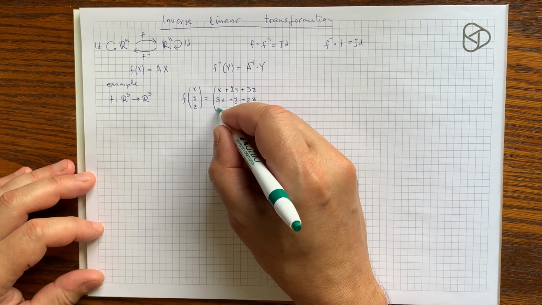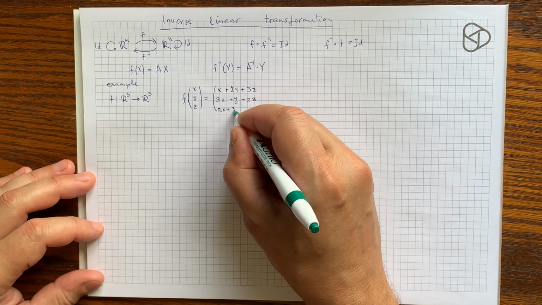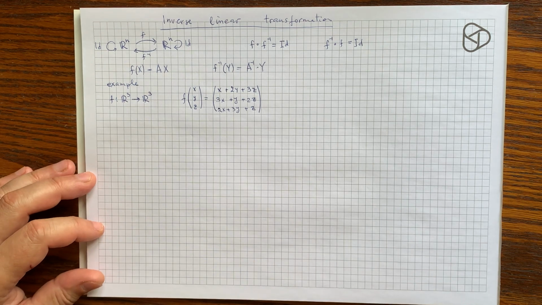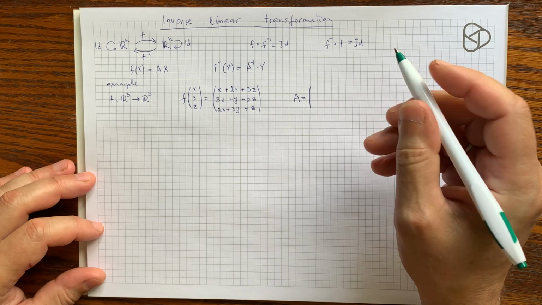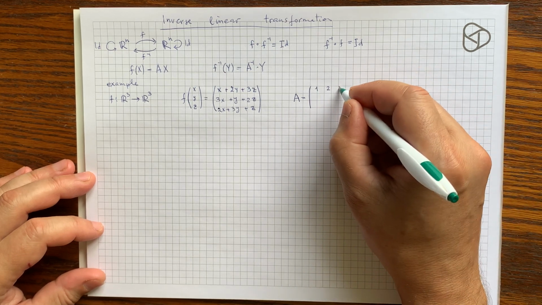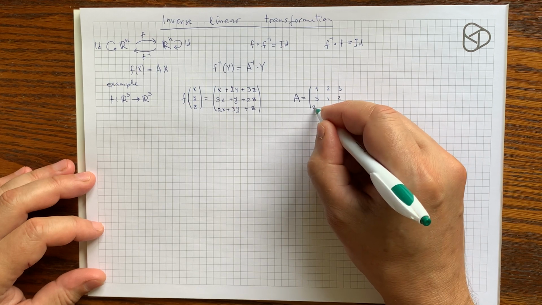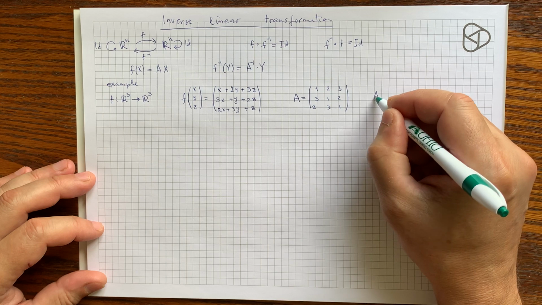And the last will be this. The transformation corresponds to the 3 by 3 matrix with these entries, and we need to find its inverse.